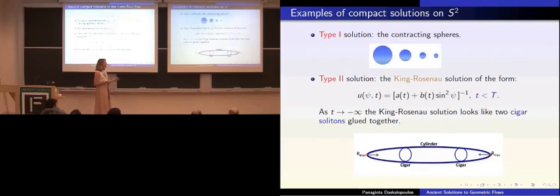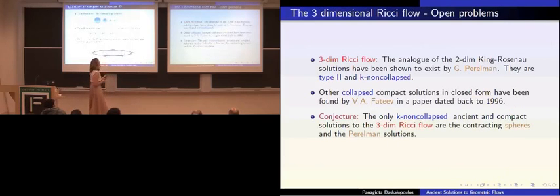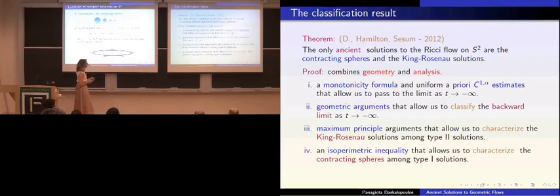But in this case, the proof is much more complicated. It involves a lot of estimates and geometric arguments and PDE arguments, and I don't really have time to discuss it.